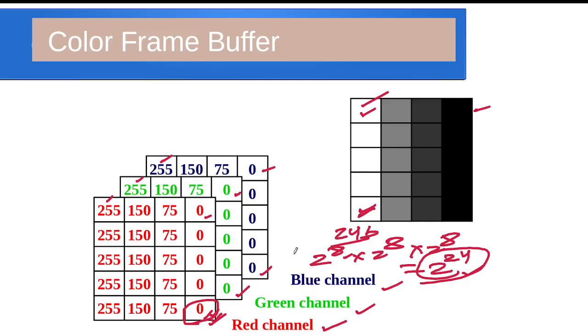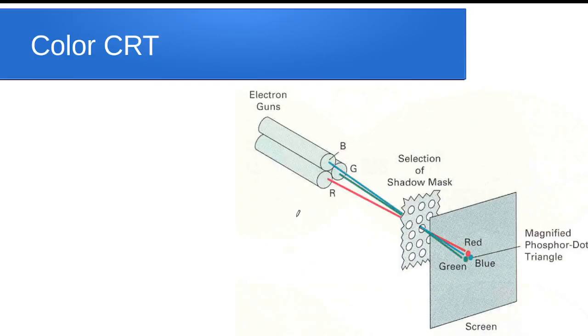Okay, so this was the story of the frame buffer. Now what about CRT? CRT was having only one electron gun, but now you will have these electron guns separately for R, G and B, where you will be able to show the color.